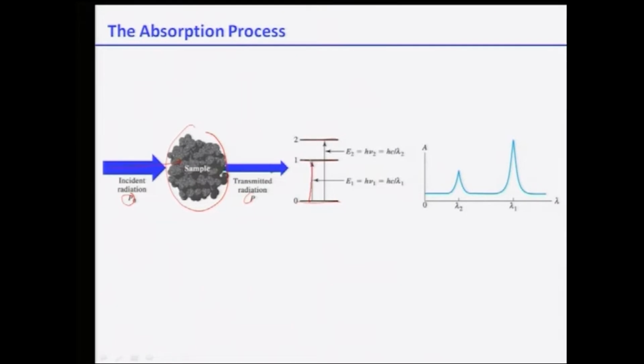So, this is the transition from 0 to 1, the transition from 0 to 2, and then we can measure A, the absorption, as a function of wavelength lambda, and we are going to get 2 peaks again, lambda 1 corresponding to excitation from 0 to 1, lambda 2 corresponding to excitation from 0 to 2. So, this is absorption. Once something is absorbed, we can measure the absorbed energy as a function of wavelength and find out the whole characteristics of the process.